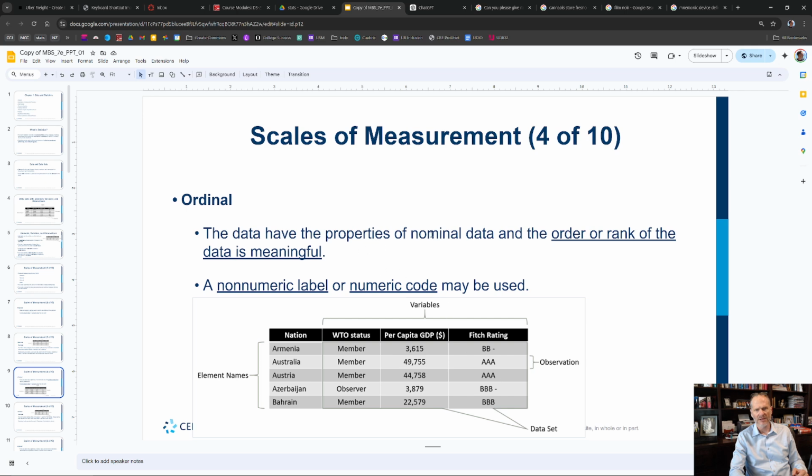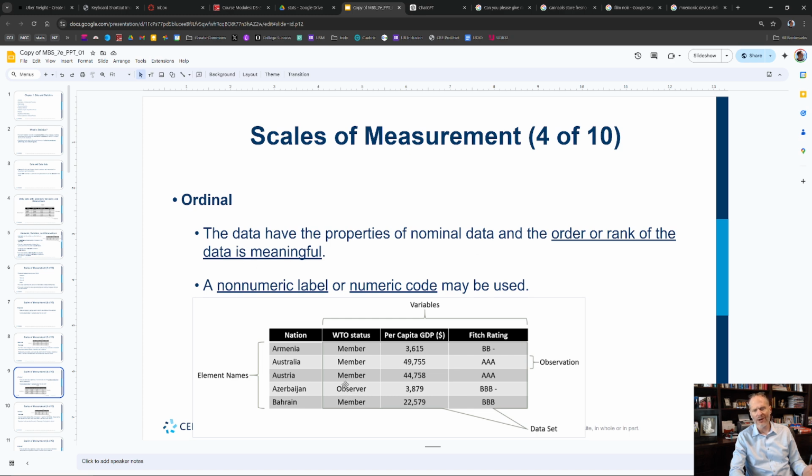Because the order or rank of the data is meaningful. Like triple A is better than triple B, and triple B is better than triple negative B, and triple negative B is maybe better than double negative B, right? And so you could actually start to order these. You could rank them. The order or the rank of the data is meaningful.